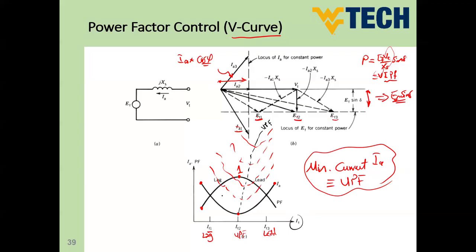So we can say it's a relation between IA and IF, or IA and EF. Any of these terms are related to each other. But if I say VA, the terminal volt, this is incorrect. So the V curve, the name comes from the shape of the curve. It doesn't mean it is a voltage across a motor. So this is an important note we need to know.